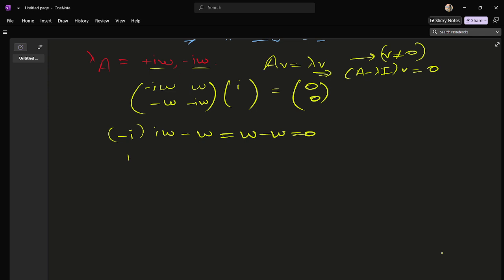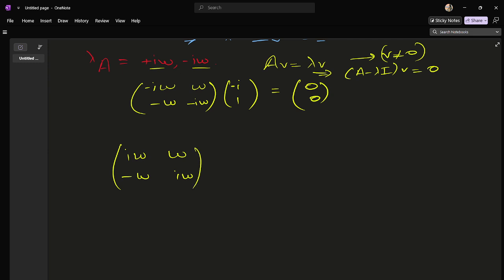So minus i and 1 is an eigenvector with respect to the eigenvalue i omega. Now I am going to find the eigenvector with respect to minus i omega. The same thing will happen if we take i and 1.